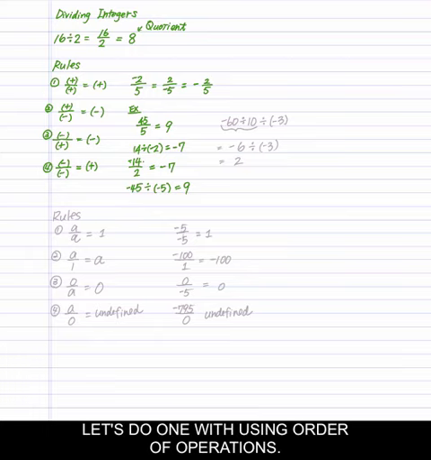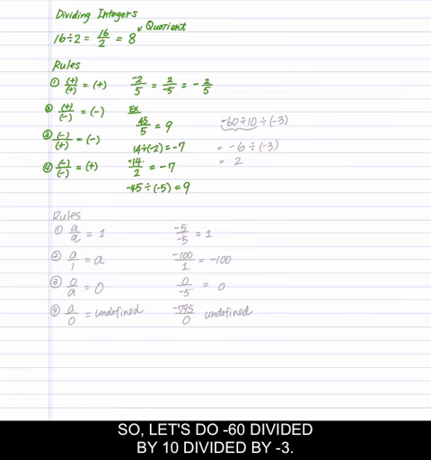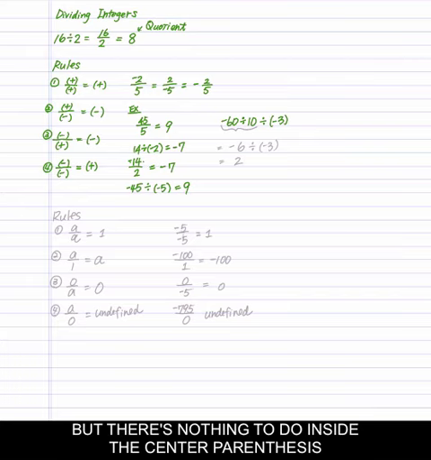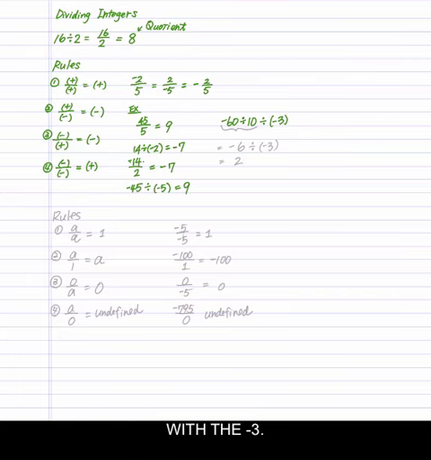All right, let's do one using order of operations. So let's go negative 60 divided by 10 divided by negative 3. All right. So order of operations says to take care of parentheses first, but there's nothing to do inside the set of parentheses with the negative 3.